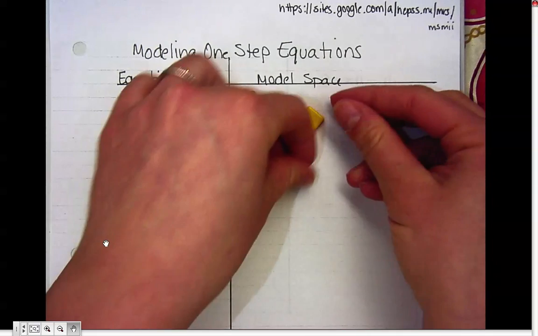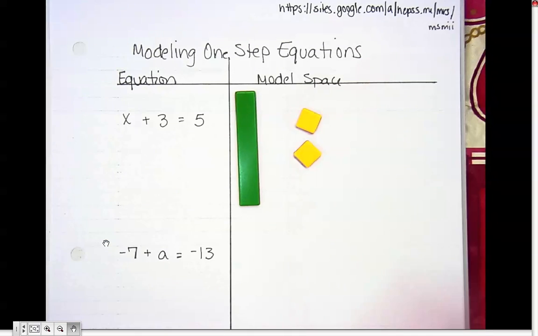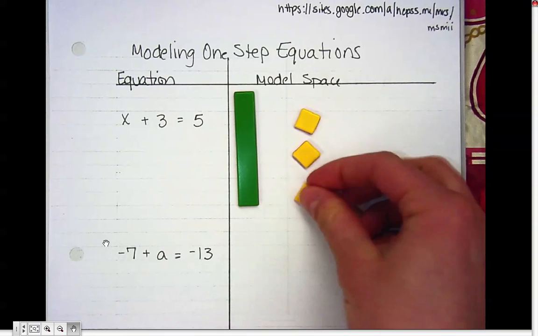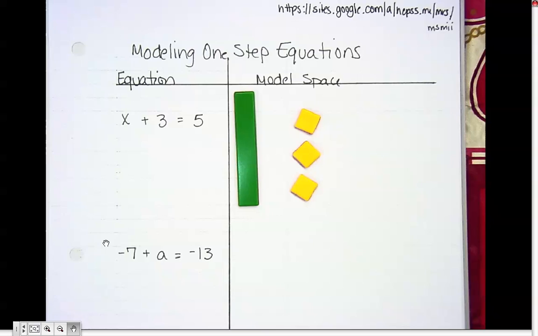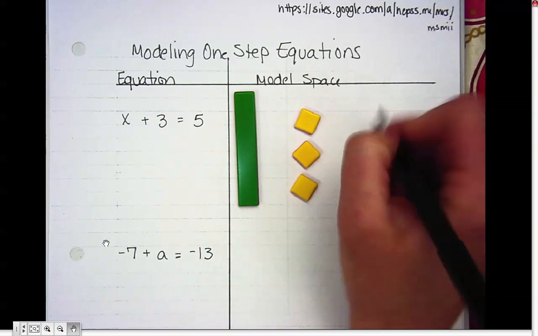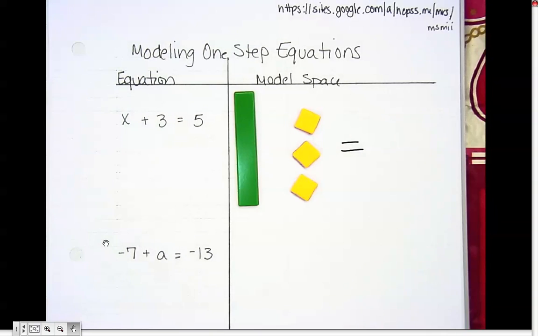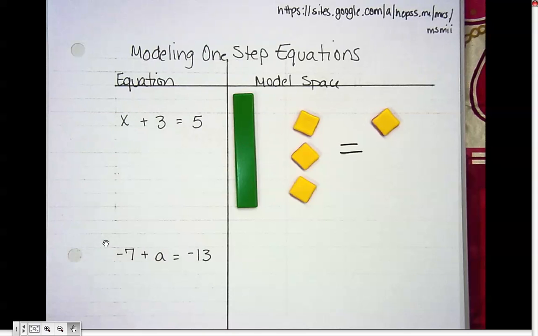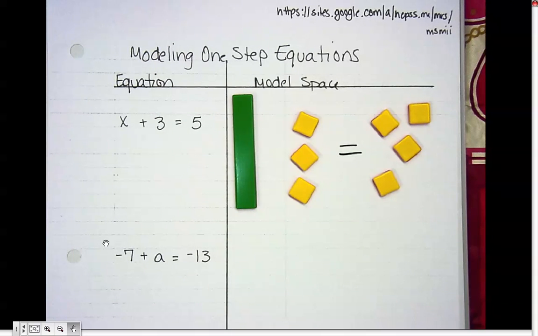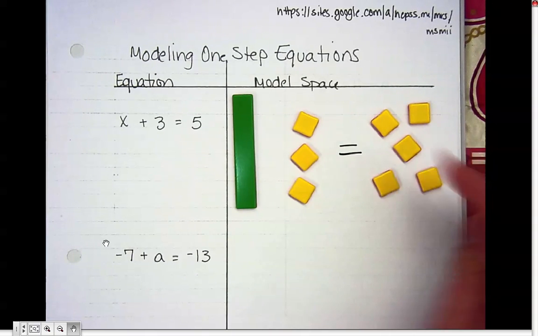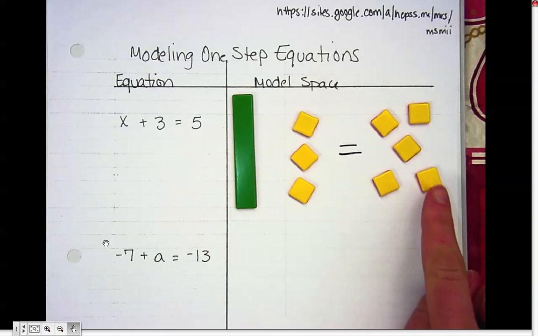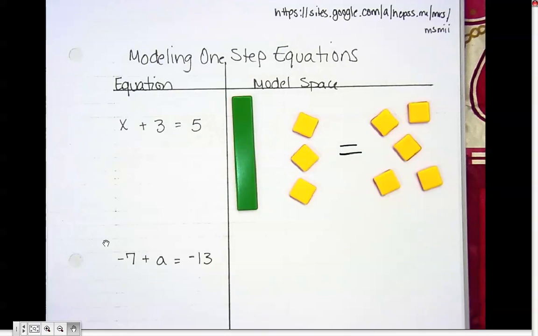So you're going to use 3 yellow pieces, and then that is going to be equal to, so I'll put an equal sign in here, 5 yellow pieces. The idea here is that an equal sign means that our two sides are going to be balanced. So this 5 is the same as 3 plus some mystery amount.